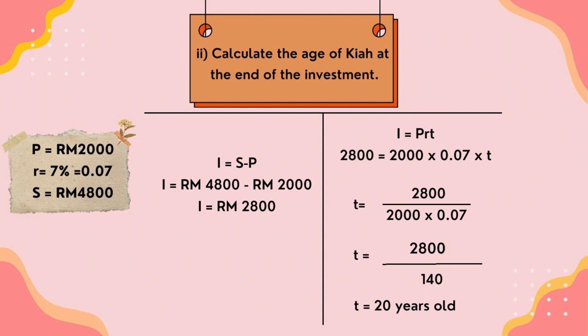First, you will need to times 2000 and 0.07 and the answer will be 140. Then, you need to divide 2800 by 140 and the final answer should be T equals 20, which is 20 years old. That's all.